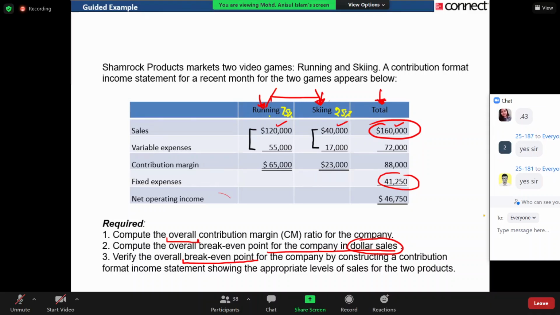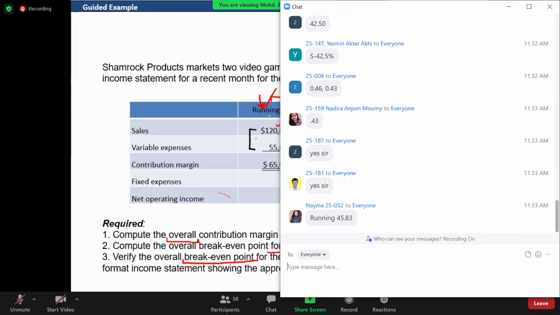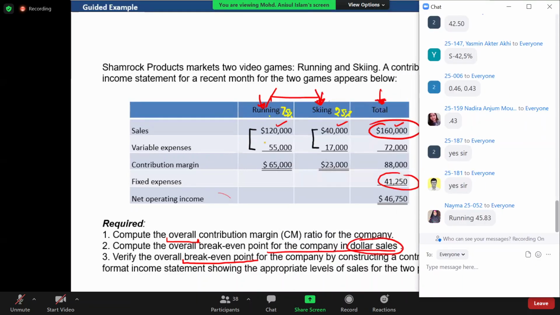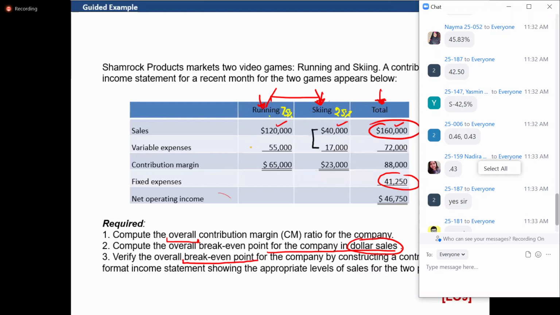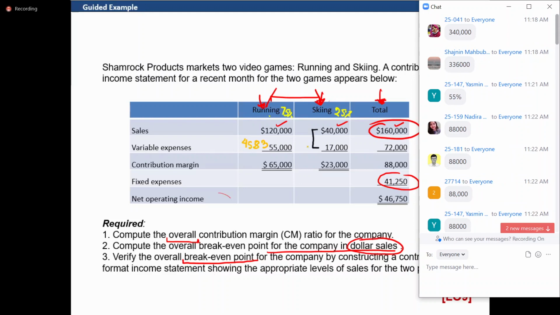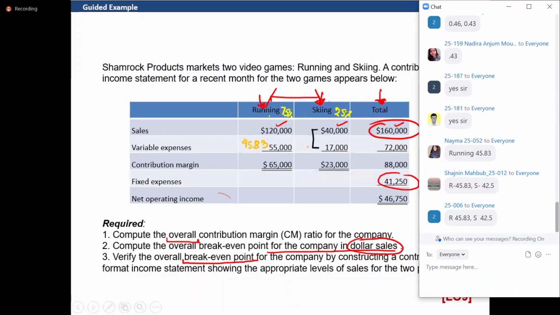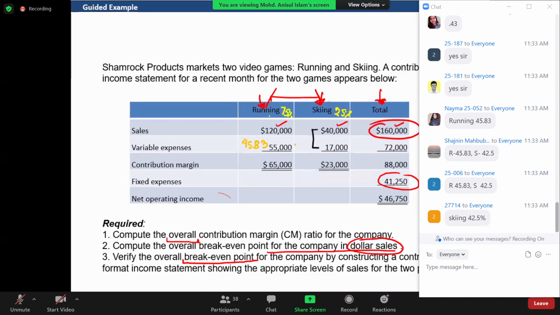Yeah. So let me write it here: 45.83. And for skiing, you are saying that it is 42.5.